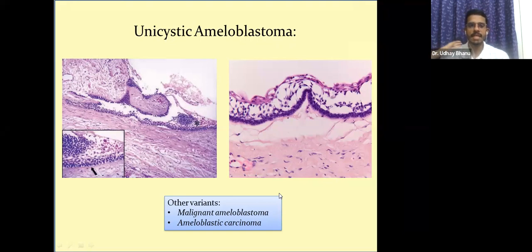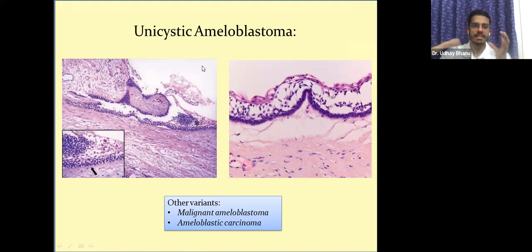The next subtype is the ameloblastic carcinoma. Ameloblastic carcinoma will have an odontogenic location. That is, it will occur in the head and neck area, that is in the jaw. But the histology, along with the regular Vickers and Gorlin's criteria, will also show extreme pleomorphism and atypia.